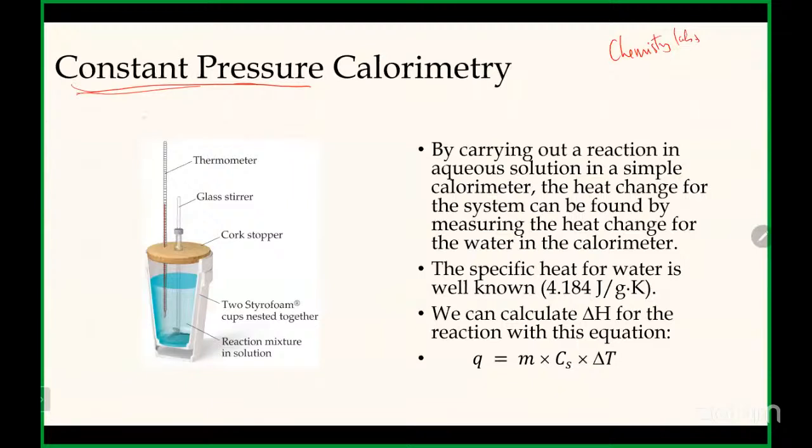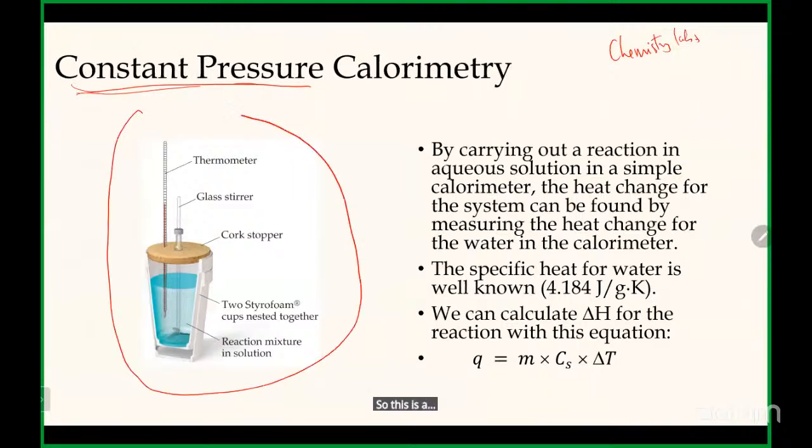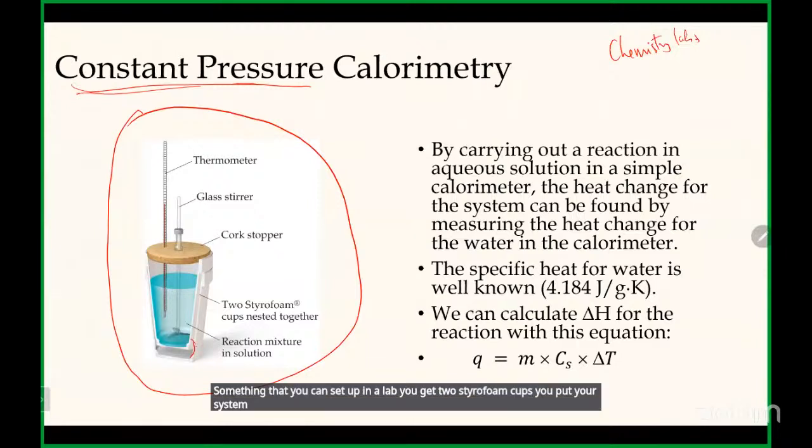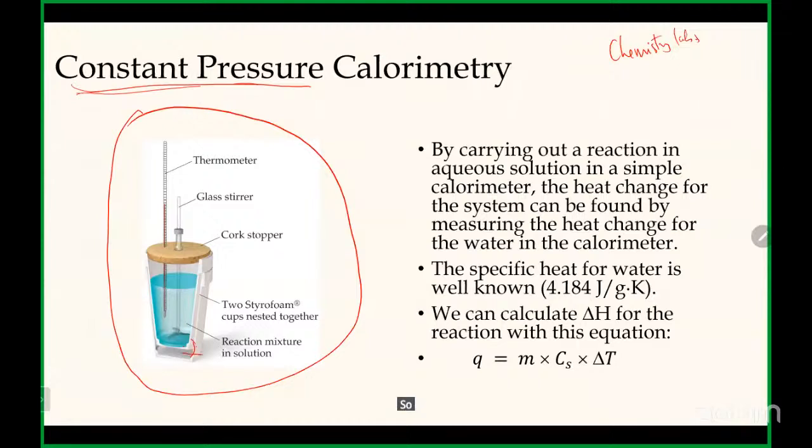So this is a sample setup of what a constant pressure calorimeter looks like. Something that you can set up in a lab. You get 2 styrofoam cups. You put your system inside the inner styrofoam cup. The styrofoam cup helps create some insulation.